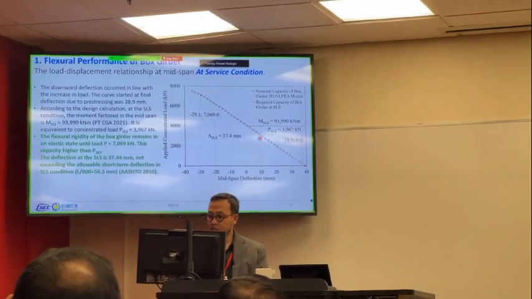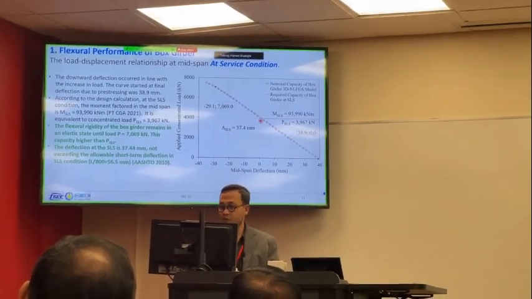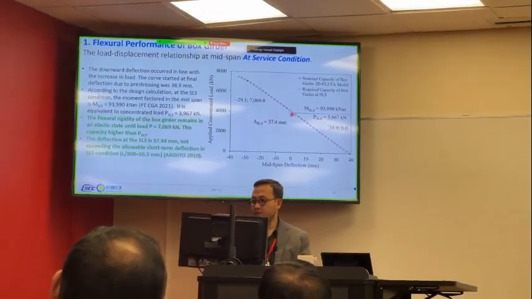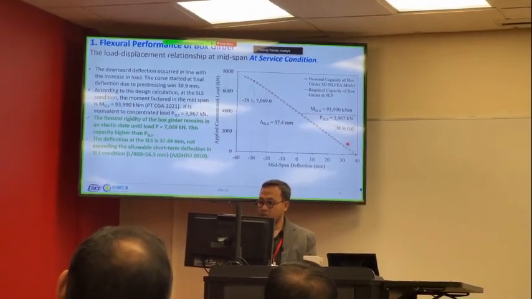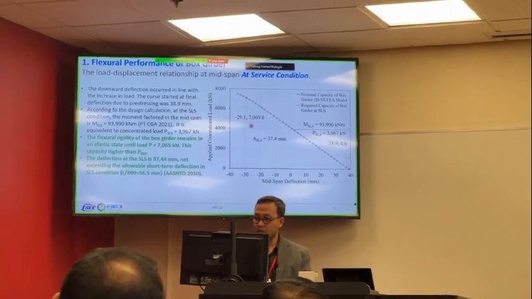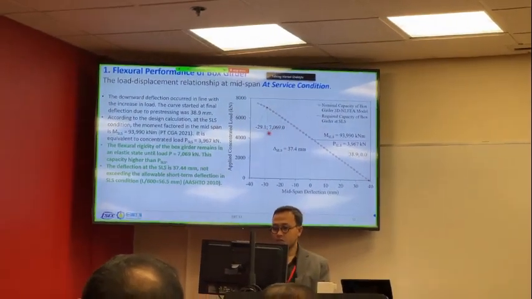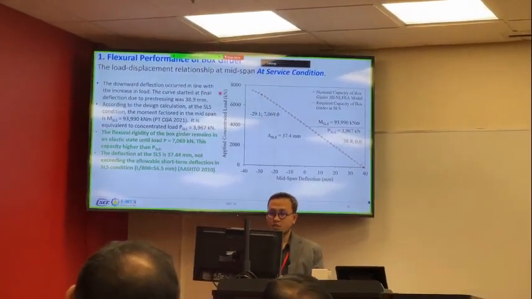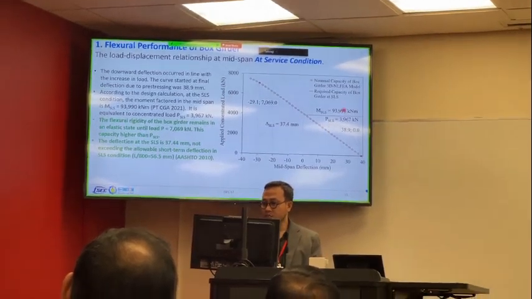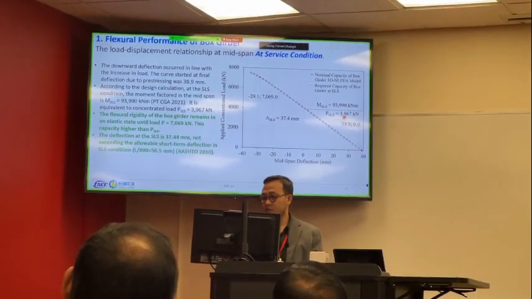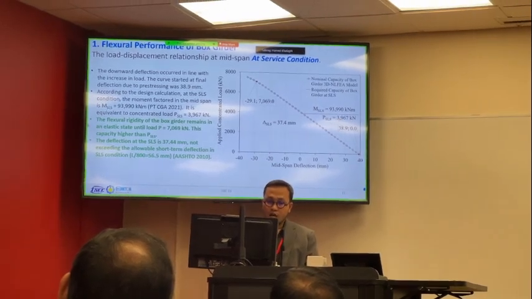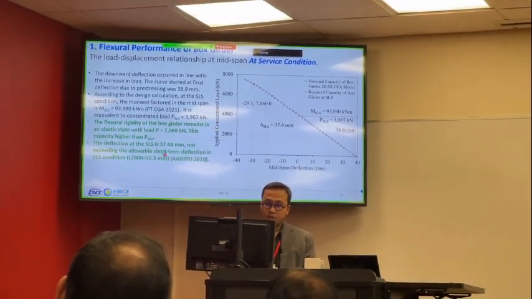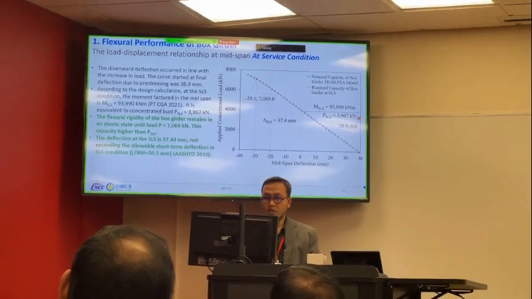We applied the concentrated force in the middle span of the bridge, so this is the result. The curve is linear until a load of 7,000 kilonewton. But in the design, we only required around 4,000 kilonewton. So our bridge has adequate capacity to resist the live load.